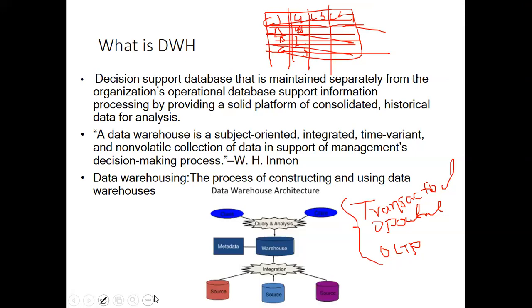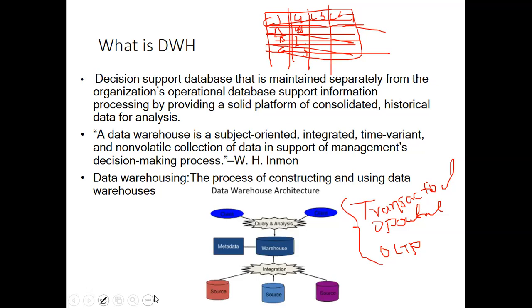It's a decision support database maintained separately from the operational database, which is the platform for consolidated and historical data. So it will have all the historical data, 1 month data, 2 months data, 10 years data, 20 years data, and also consolidated, that means aggregated data. Say suppose today 10 customers came into my bank and performed 10 transactions.